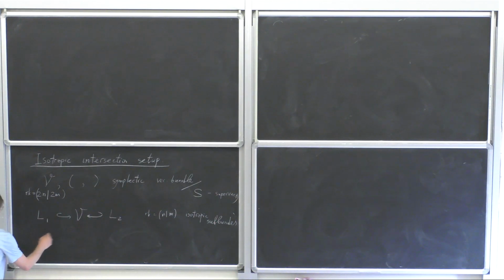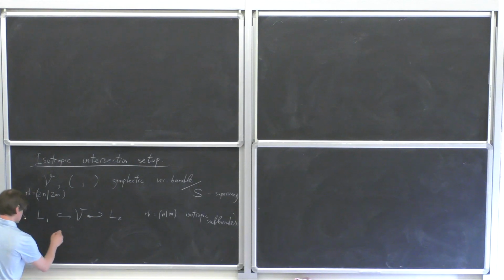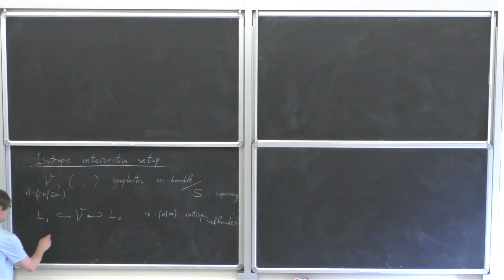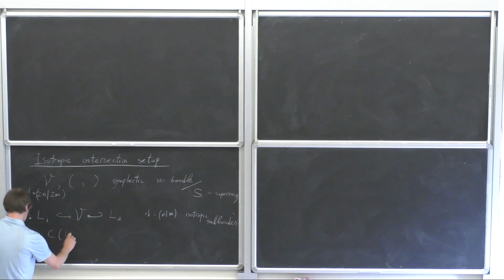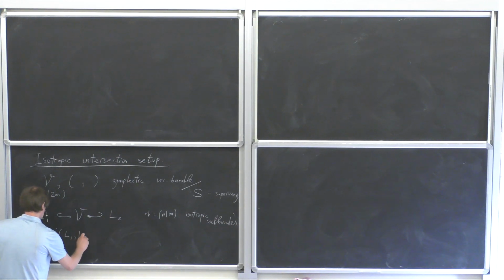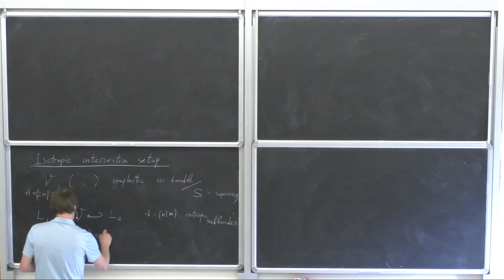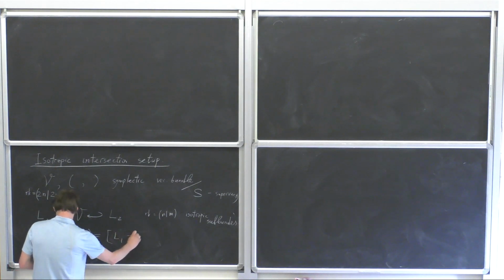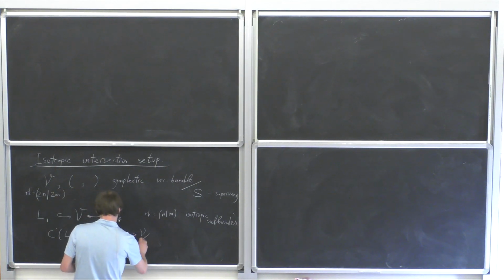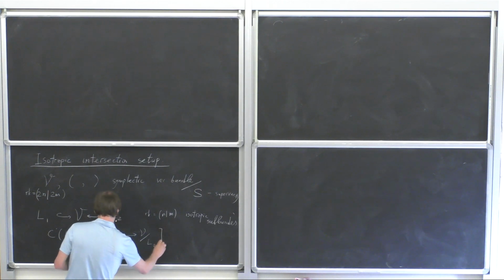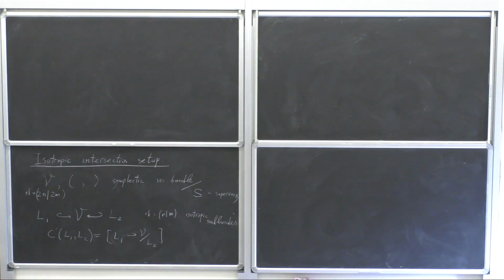I can then measure their intersection by considering the following complex of length 1. It's just L1 goes to V modulo L2.